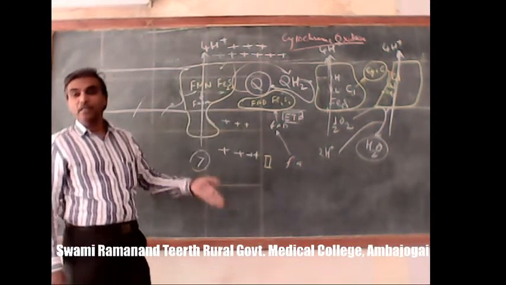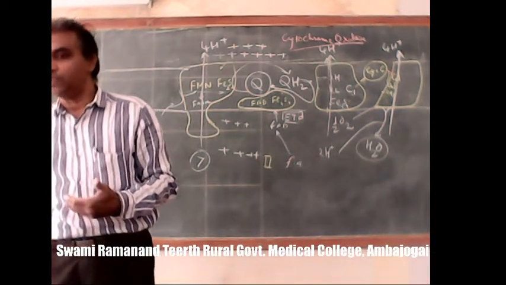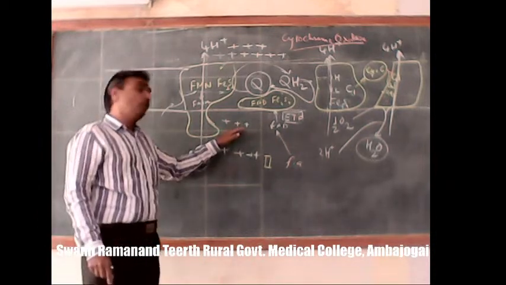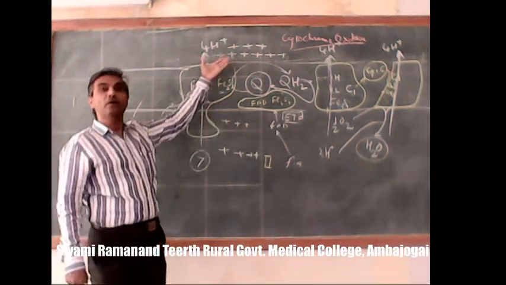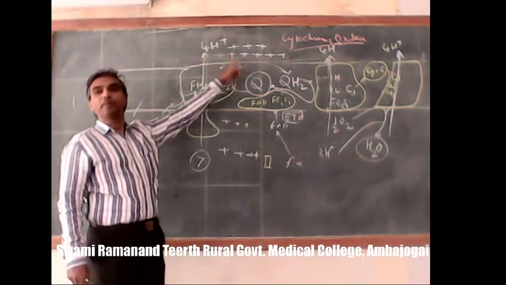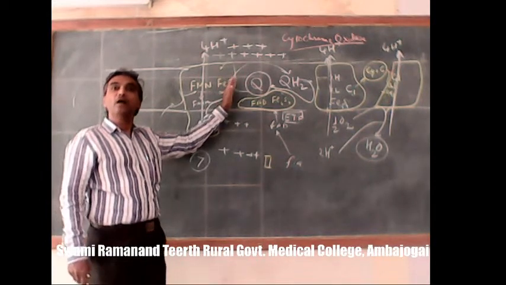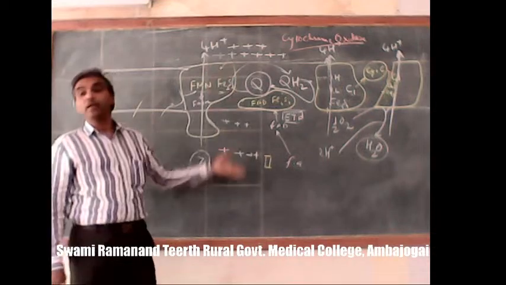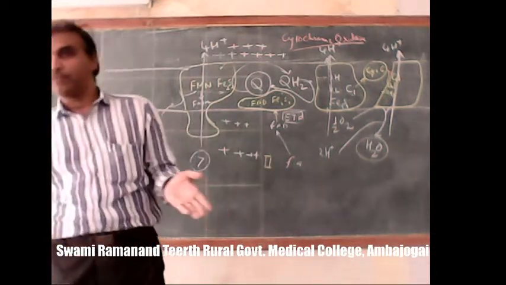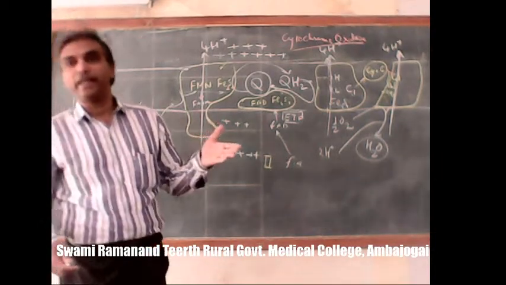So this creates a potential gradient. Less positive is in the matrix, more across the membrane in the intermembrane space. Plus, these are all protons, and that also creates another gradient, that is the pH gradient.